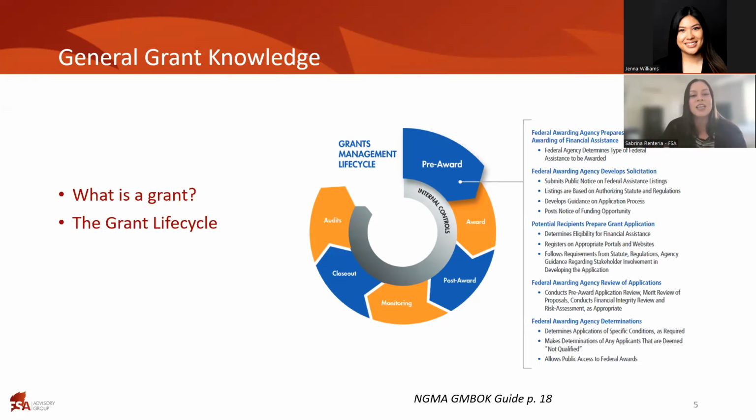Once somebody does get awarded, it goes through this cycle to getting the award, managing the award, monitoring it, closing it out, and then of course finally getting audited. But again, for today's purposes, we're just going to be focusing on the pre-award process, and particularly the notice of funding opportunity.